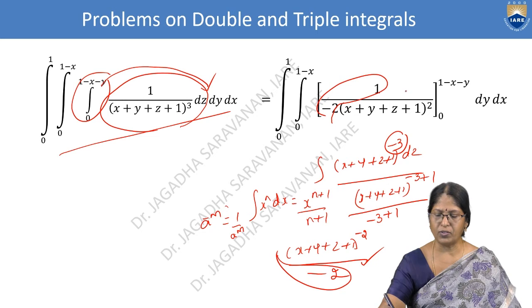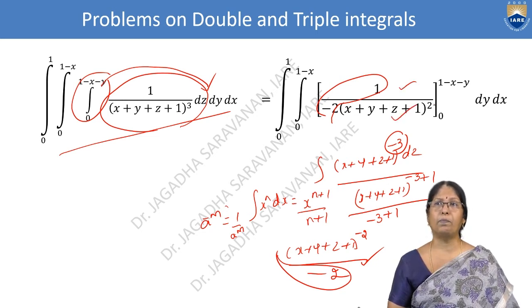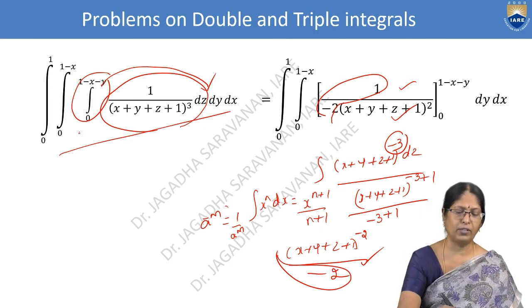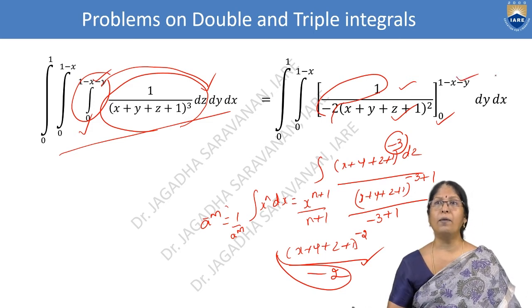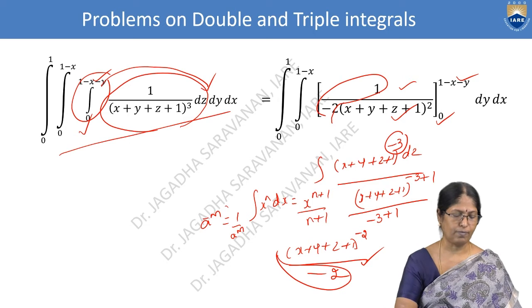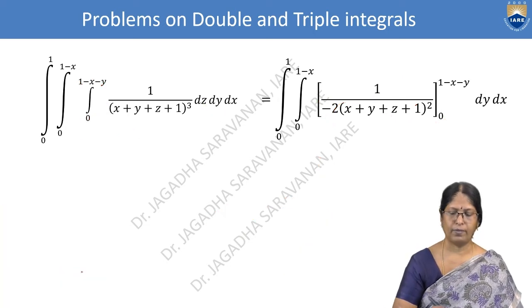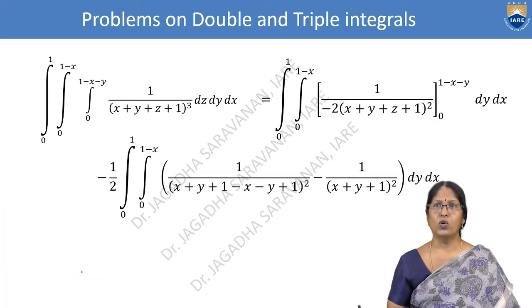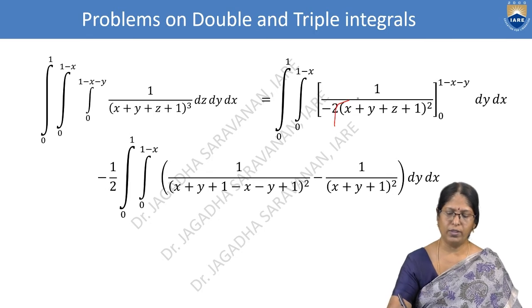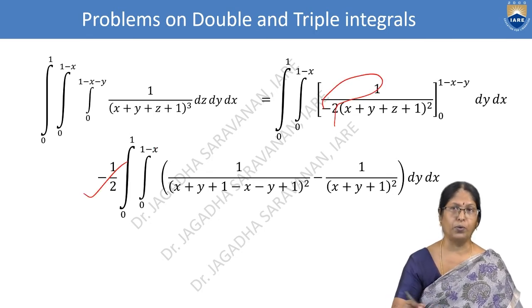So it is written as 1 by (x + y + z + 1) the whole square, with the lower limit 0 and upper limit 1 minus x minus y. So now this is minus 1 by 2.